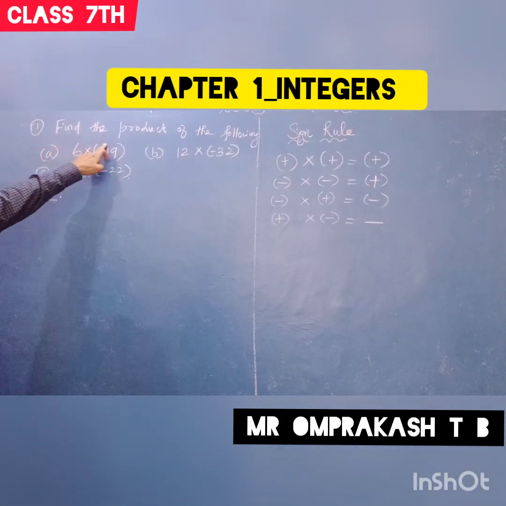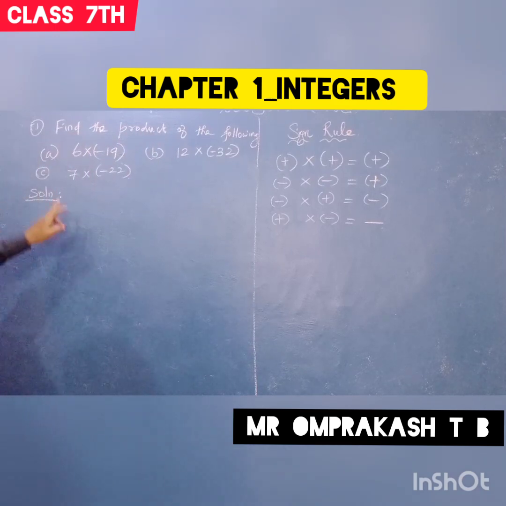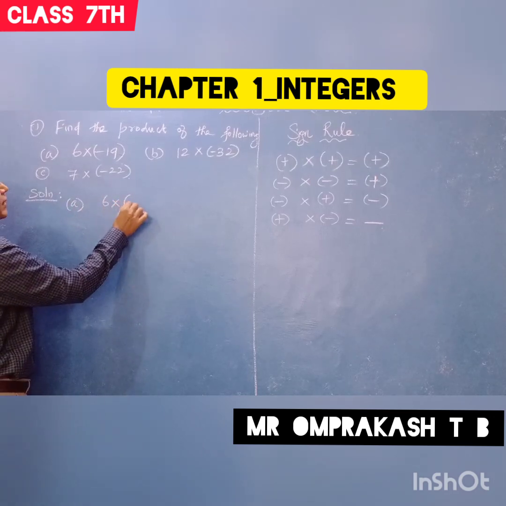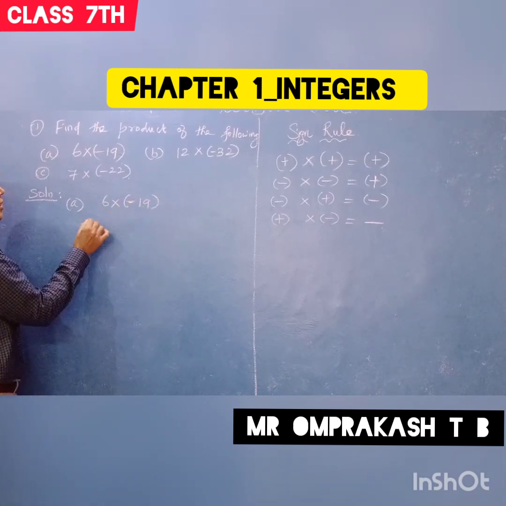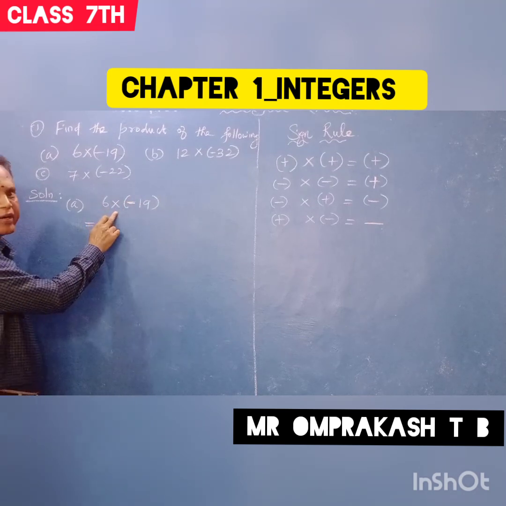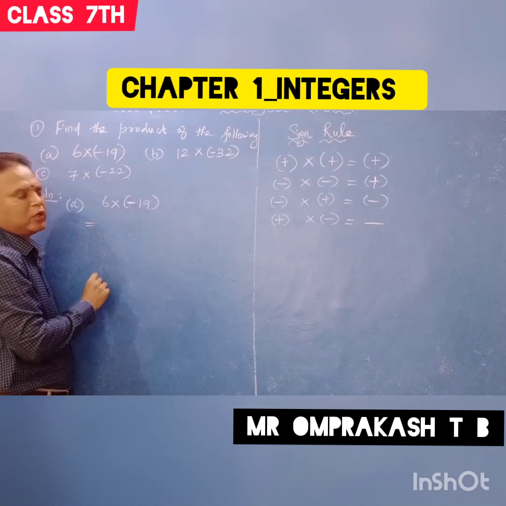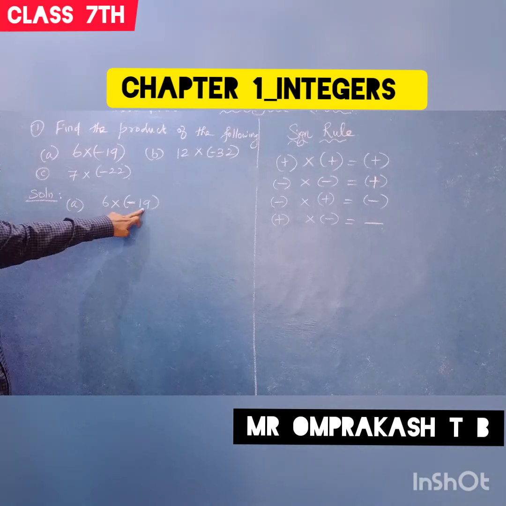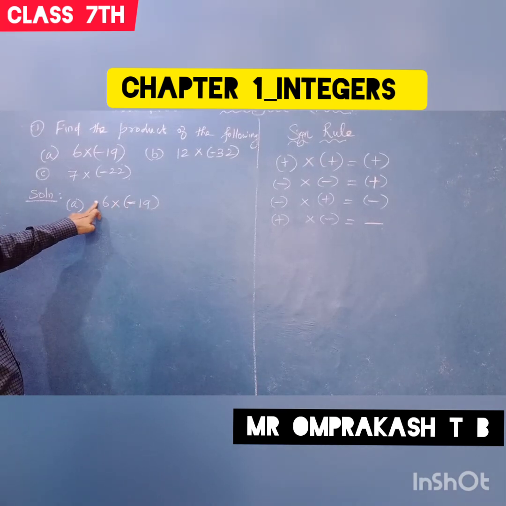Find the product of the following. A, 6 into minus 19. First write 6 into minus 19. While doing the product, you have to apply the sign rule. For 6, what is the sign? Plus. For 19, minus. So plus into minus.